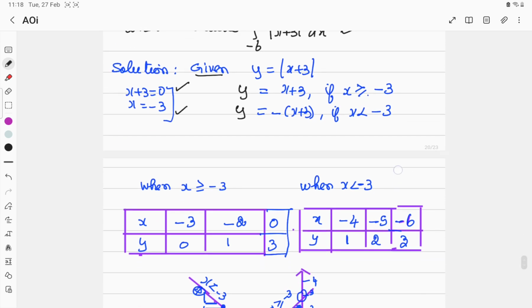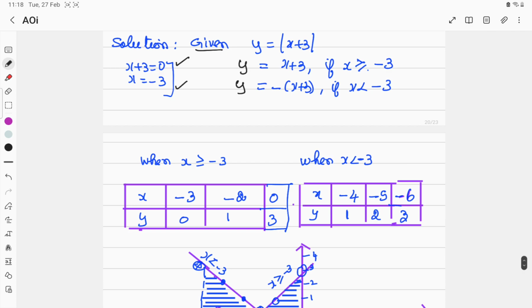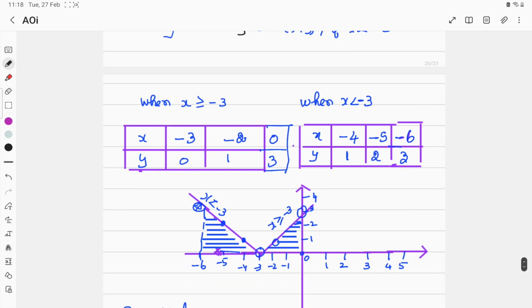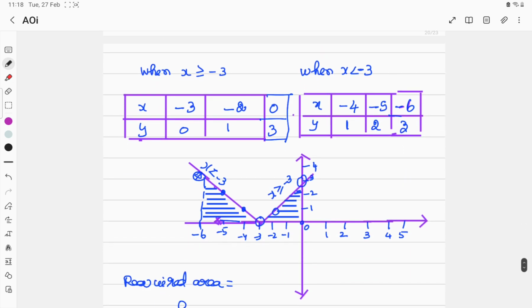So draw the curve when x is greater than or equal to minus 3 and when x is less than or equal to minus 3. Here x is greater than or equal to minus 3, and this line is x less than or equal to minus 3.